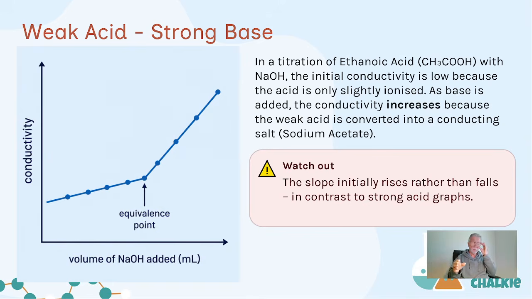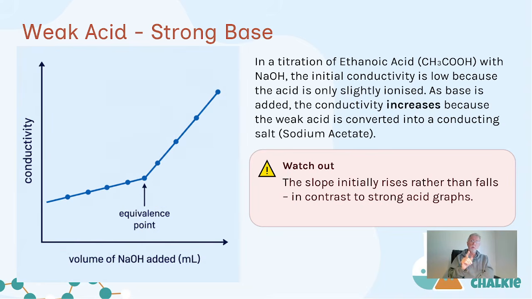So when you now add the ammonia, you're going to create ammonium ions, and that is going to cause the conductivity to drop. Just like it did in the strong acid, the sodium ion is not as good a conductor, neither is the ammonium ion. So there'll be a decrease until equivalence is reached.